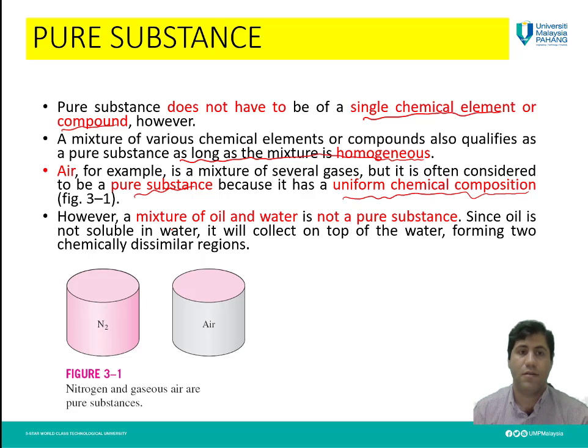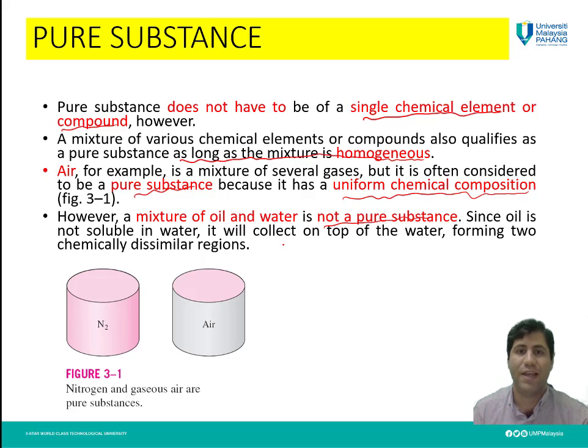On the other hand, a mixture of oil and water is not a pure substance. Again, here we have a mixture of oil and water. But if you notice, when you mix oil and water, oil is not soluble in water. It will collect on top of water, forming two chemically dissimilar regions. So we have a border which separates the two materials which are mixed.